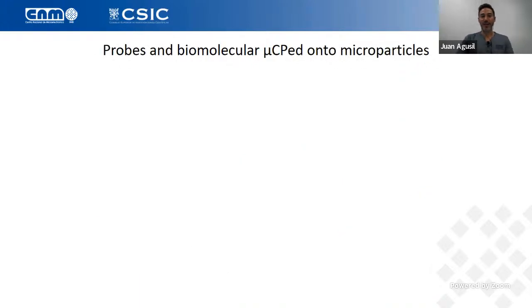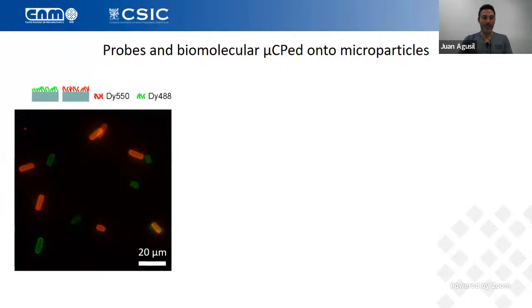Following this strategy, and in our case with SU-8, we developed microparticles that were initially attached to a substrate, and then we functionalized them, in this case, with two fluorophores, DyLight 550 and DyLight 488. The microparticles were printed with microcontact printing and then subsequently released.